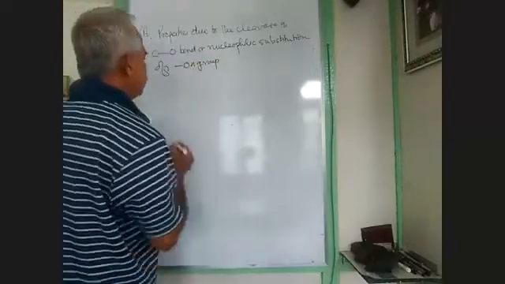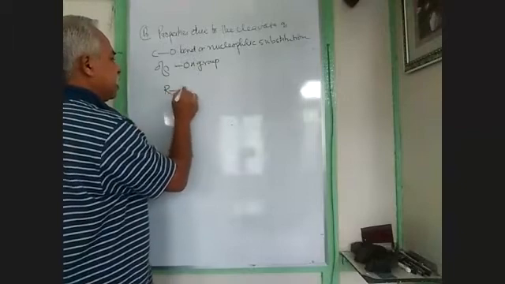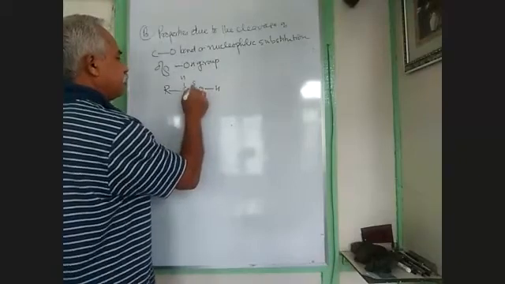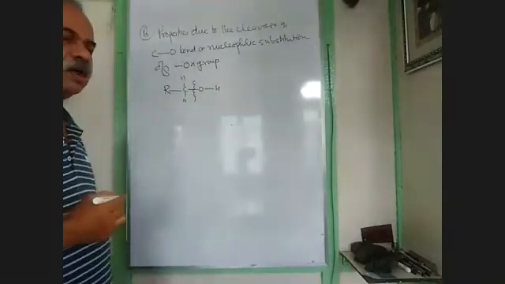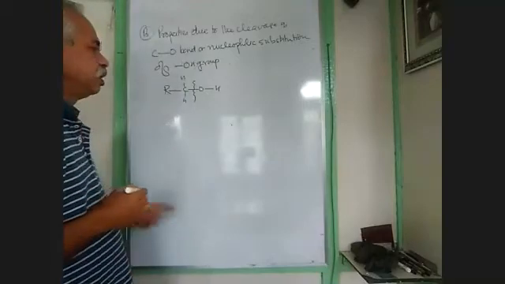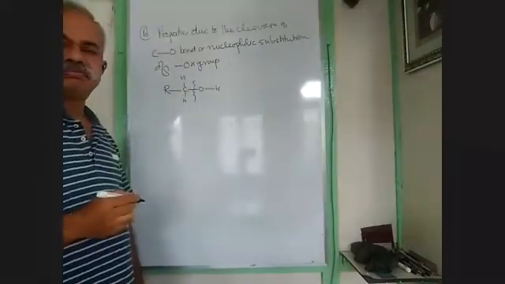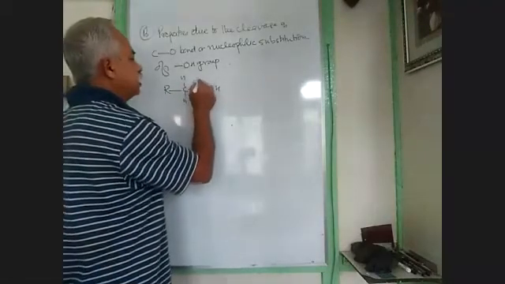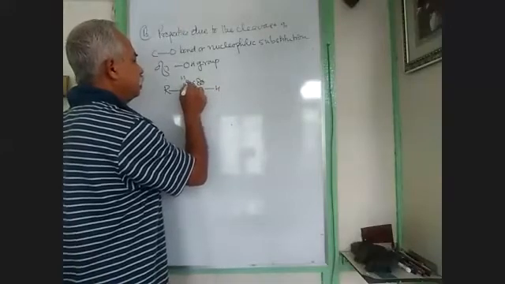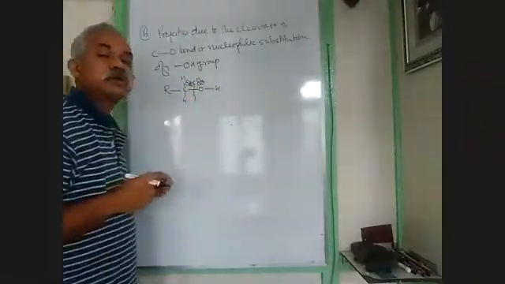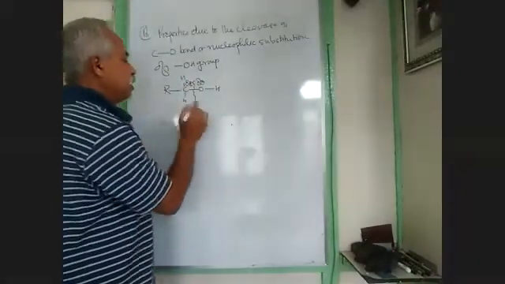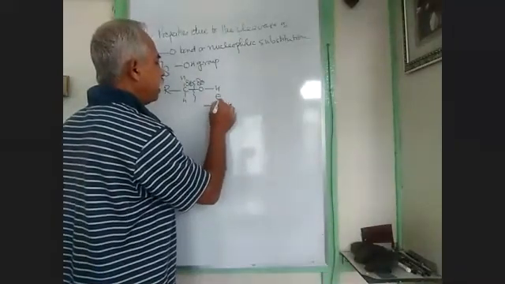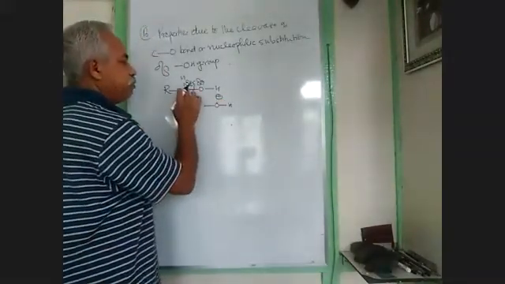Now, why do you call it nucleophilic substitution reaction? See here, I have taken an alcohol. Now I'm going to break this bond. This bond is polar because of the presence of the electronegative oxygen atom, so the molecule exists in this form. It will undergo heterolytic cleavage, and this will go out in the form of OH minus, and this will become plus.